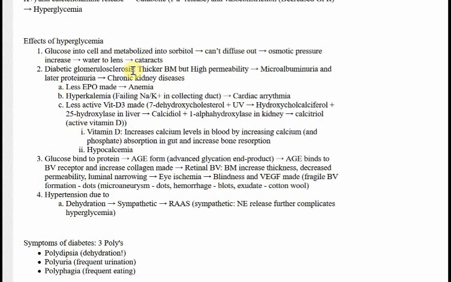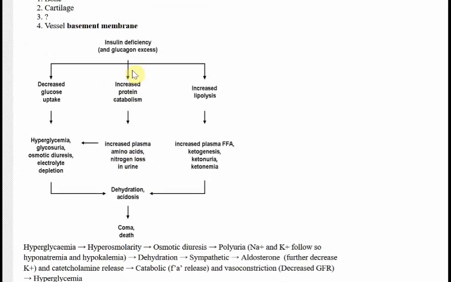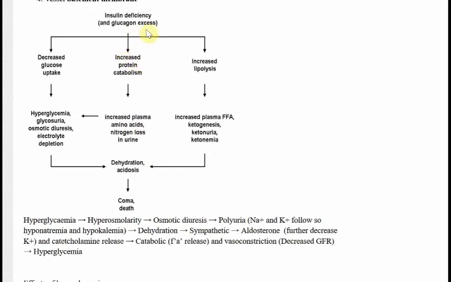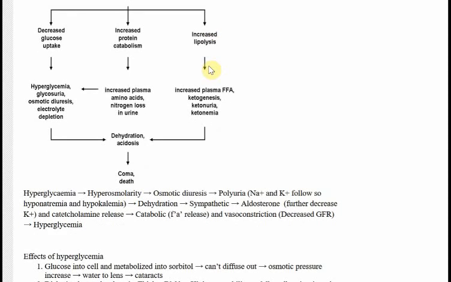In the eyes, you get new vessel formation due to ischemia. You also get hypertension due to all that hyperosmolality and osmotic diuresis. You also get acidosis, which can happen especially in type 1 diabetes due to insulin deficiency with fat breakdown, and that is bad. Complication of that includes diabetic ketoacidosis.